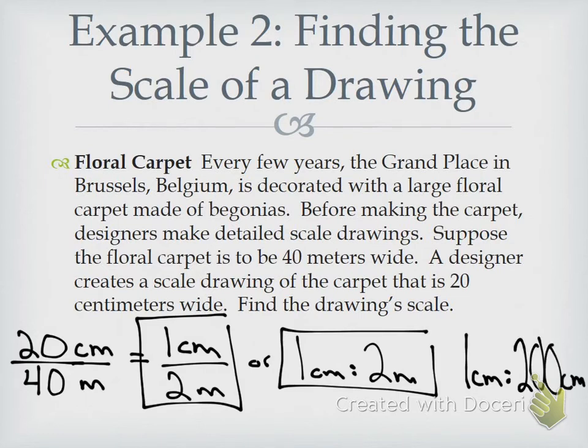And then technically I can drop my label, so it's going to be 1 to 200. So if I want to write my scale without the unit, I need to convert them both to the same unit, and then I can drop my label. You have a section like that on your homework tonight where you do that conversion. Okay? So that's it for example 2. Any questions on it?